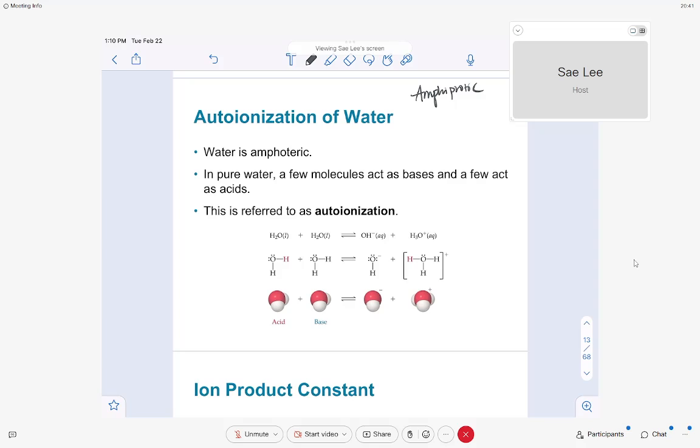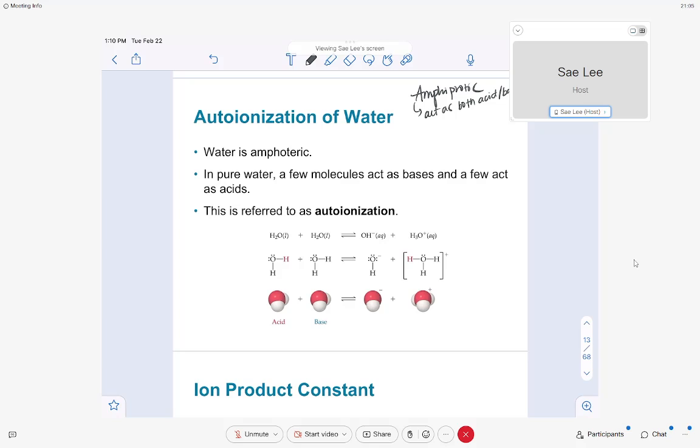Amphiprotic means a compound that can act as both acid and base depending on the chemical environment. So water is an amphiprotic compound.